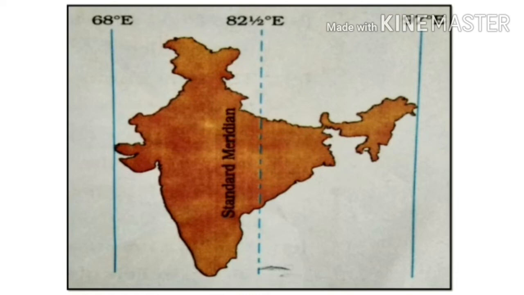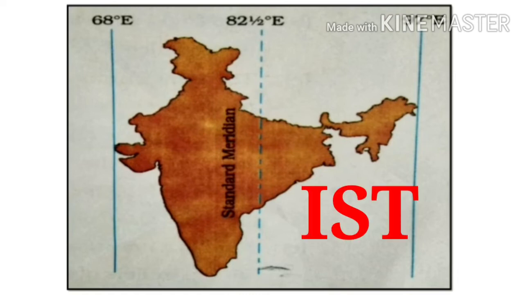So we Indians are taking the central meridian of a country as the standard time. In India, the longitude of 82.5 degrees east is treated as the standard meridian. Okay, and the local time at this meridian is taken as the standard time for the whole country, and which is known as Indian Standard Time, IST.